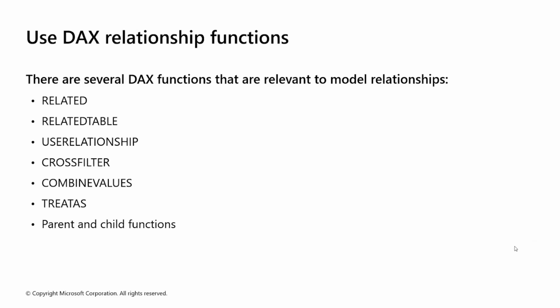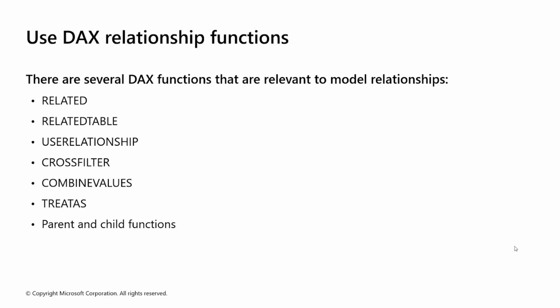Another DAX function that we have is COMBINEVALUES. This function joins two or more text strings into one text string, and the purpose of this function is to support multi-column relationships in DirectQuery models when tables belong to the same source group.